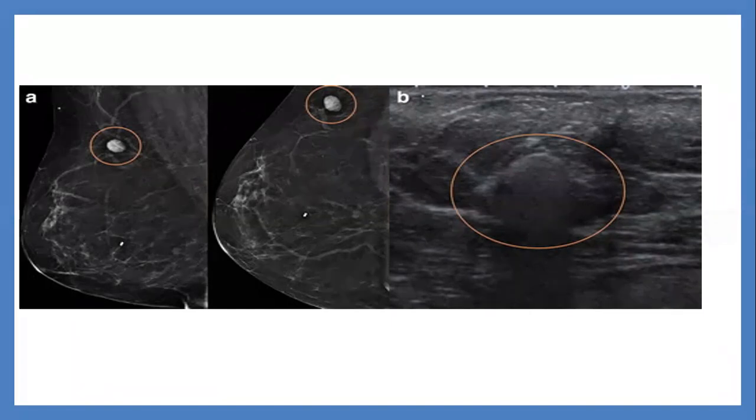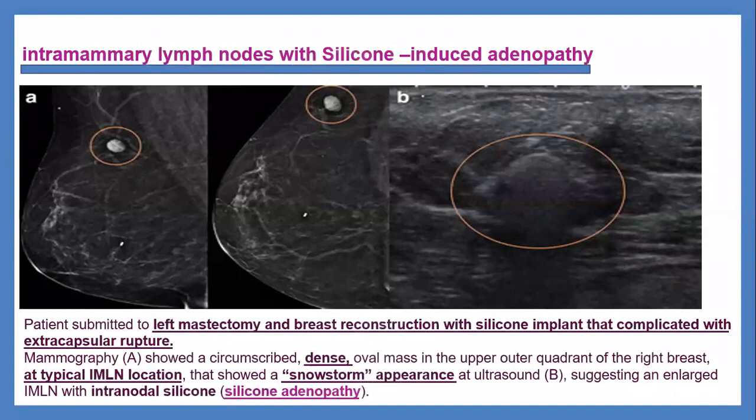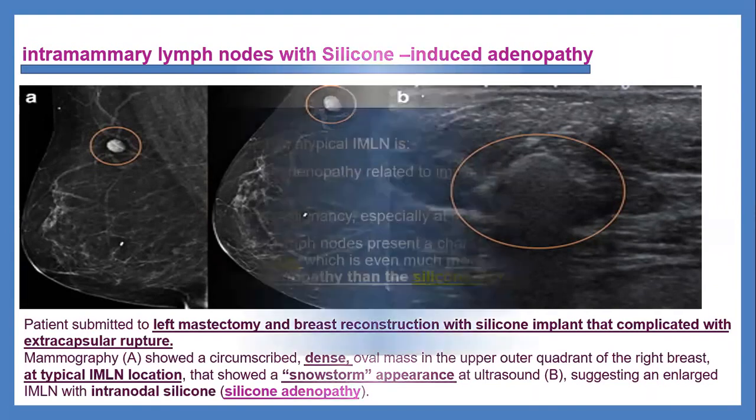It is dense on mammography and snowstorm appearance on ultrasound. Yes, this is an intramammary lymph node with silicone-induced adenopathy due to extracapsular rupture. Excellent, well done. Snowstorm appearance, typical.